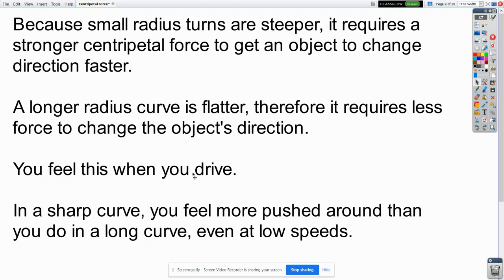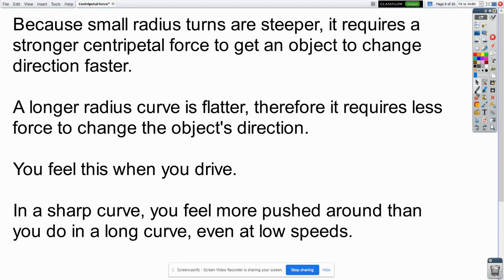In a sharp curve, a very sharp turn, you feel like you're being pushed around more than you do in a long, gradual curve, even at low speeds. I mean, going through both curves at the same speed, you would feel like you were being pushed around more in the sharp curve than you would in the long, gentle curve.